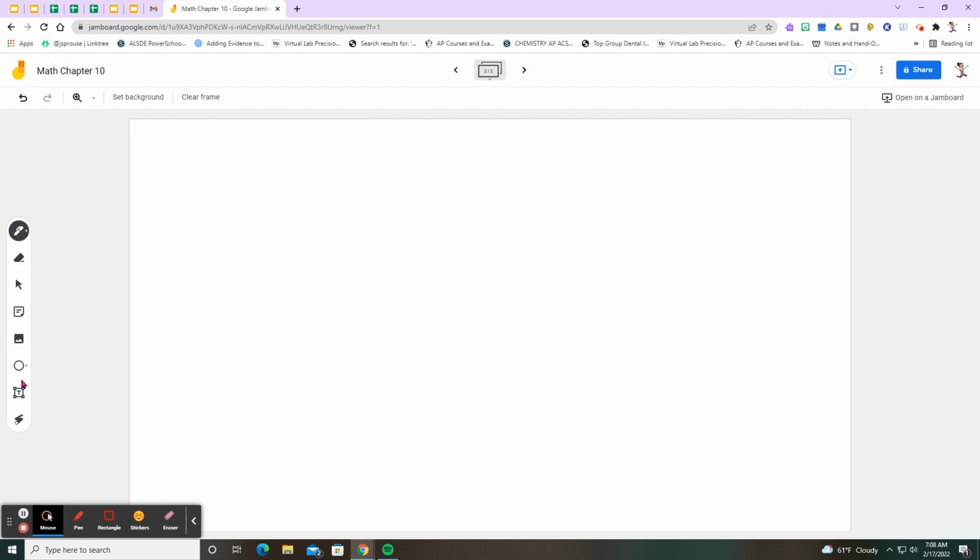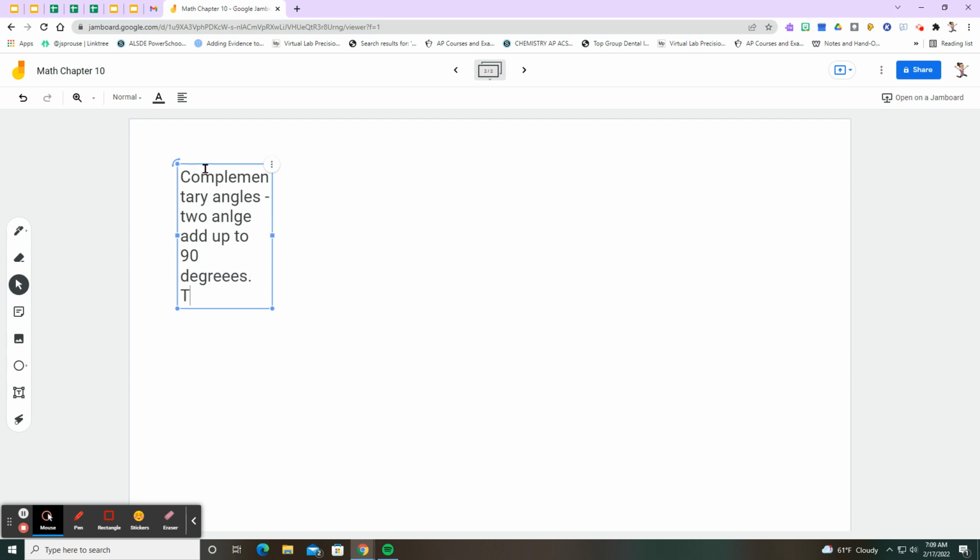So let's go to the next page here. All right, so complementary angles. Okay, complementary angles are the ones that add up to 90 degrees. So it's when two angles add up to 90 degrees.